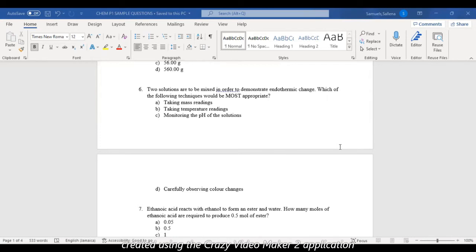So the most appropriate technique would be taking the temperature readings. You can take the temperature before they were mixed, and then take the temperature after they were mixed, and then the difference in temperature will let you know the endothermic change that occurred.